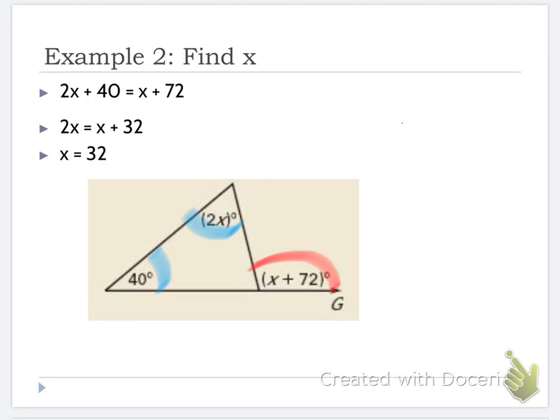So we have 40 plus 2x, and that's going to equal our red, which is x plus 72. Move the 40 over, combine our x's on the same side, and we get x is equal to 32.